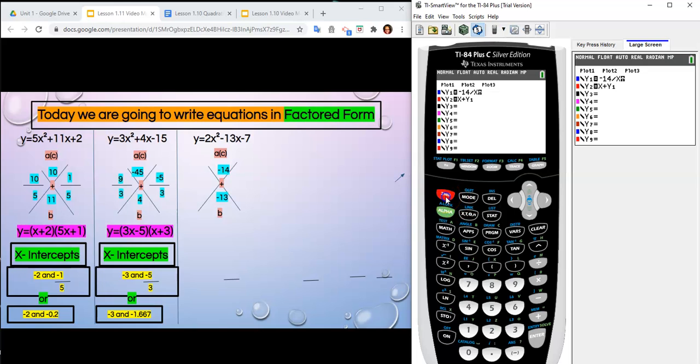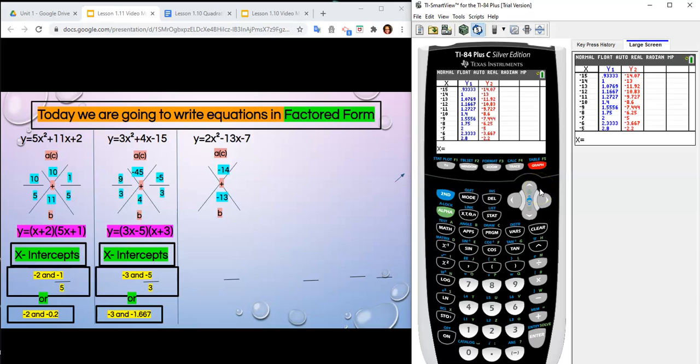Then I'm going to go to second table. Once my table pulls up, I'm looking for a number that says -13. And immediately I spot that number. I see that -13 is here. So that means 1 and -14 are my numbers. So I'm going to place my 1 here and my -14 here. It doesn't matter the order.